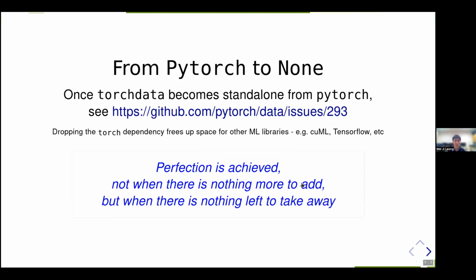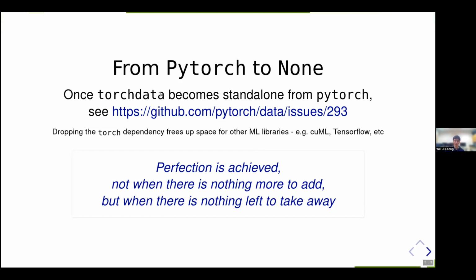And next is on the torchdata dependency itself. So zen3geo depends on torchdata. It's actually built on torchdata. But torchdata currently depends on PyTorch. There is this issue on the torchdata repository where they're thinking of decoupling PyTorch from torchdata.